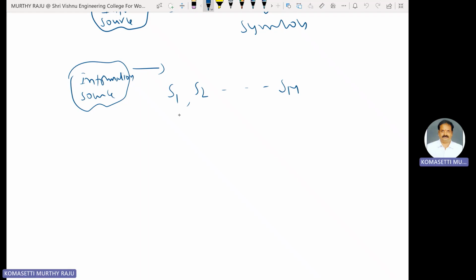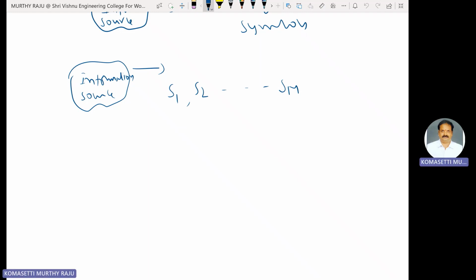This information source emits M symbols, represented by S1, S2, and so on, up to SM. These symbols are statistically independent of each other, which means the probability of occurrence of the present symbol does not depend on the preceding symbols.